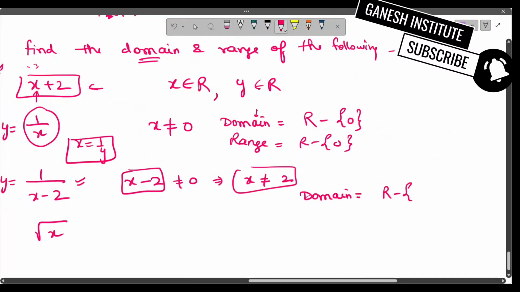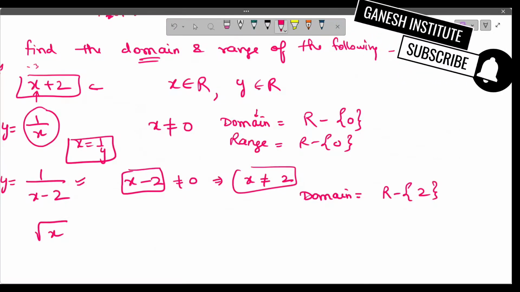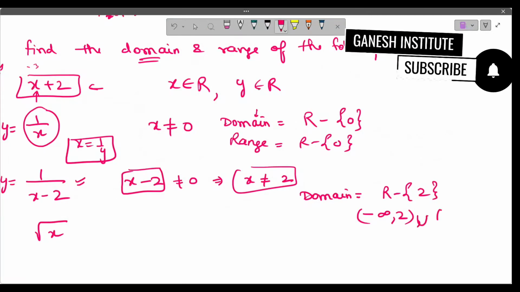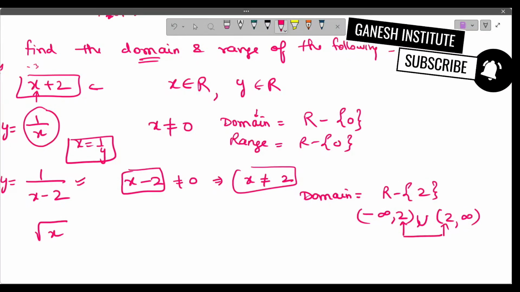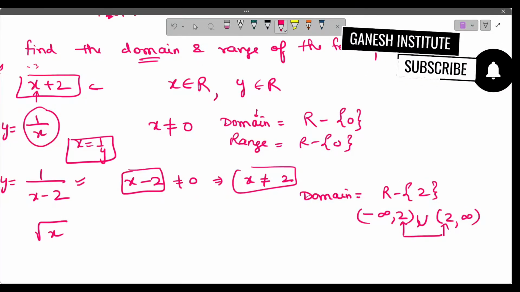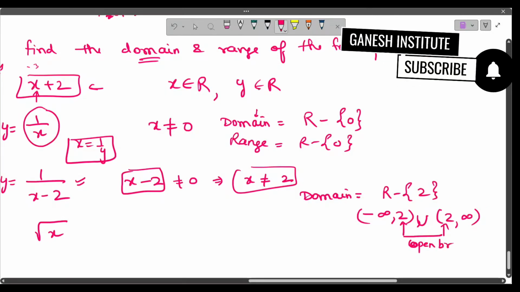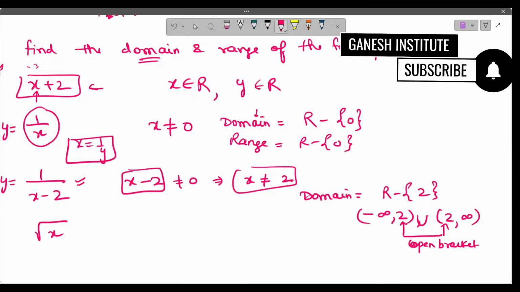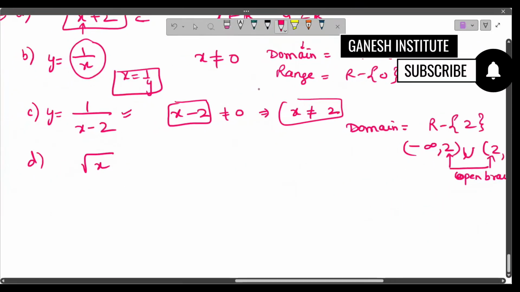That is, real numbers except 2, or you will say it is everything from minus infinity to 2, union 2 to infinity. So can you say I have picked this 2 and taken the open bracket? That is not inclusive, correct? So this is also the interval way to represent it.